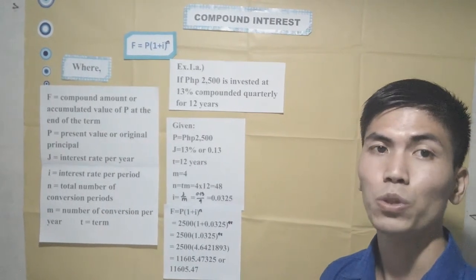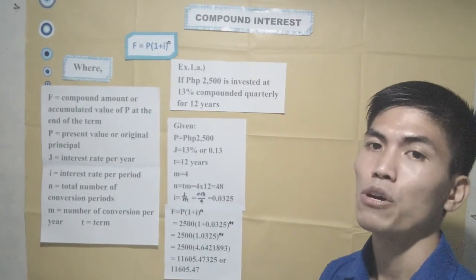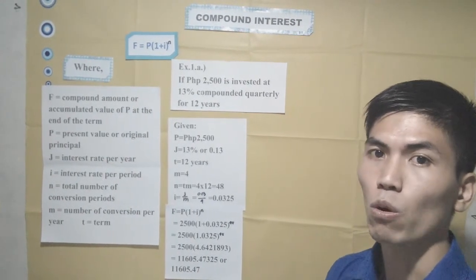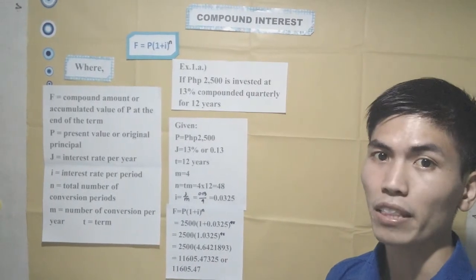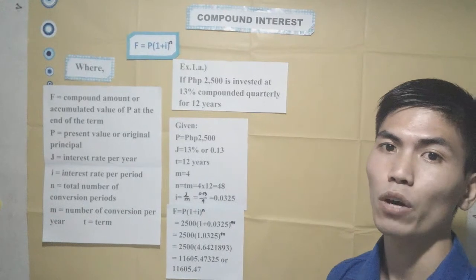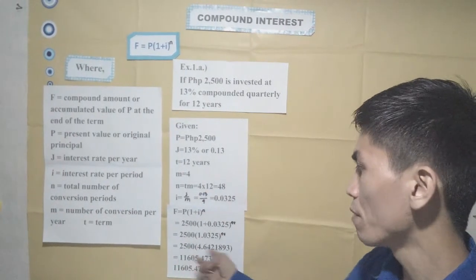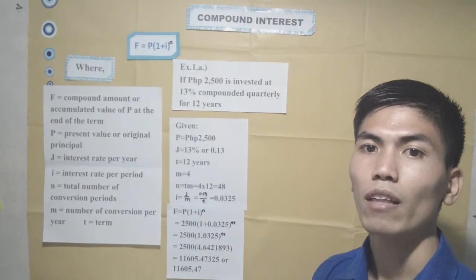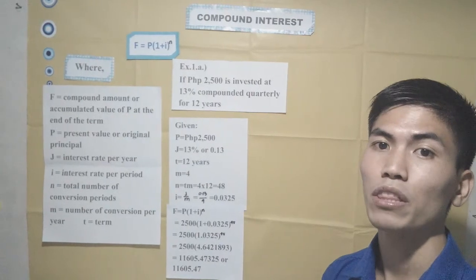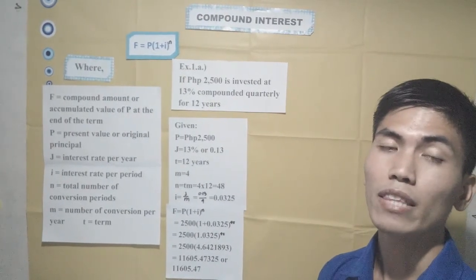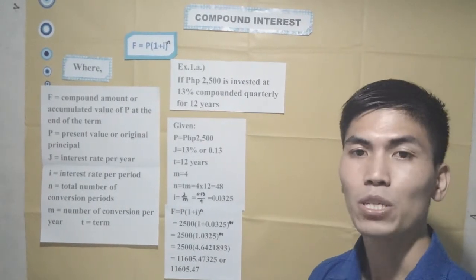So F is equal to 2,500 times 1.0325 raised to the power of 48. 1.0325 raised to the power of 48 is equal to 4.6421893. Multiplying by 2,500, F is equal to 11,605.47325, or 11,605.47.